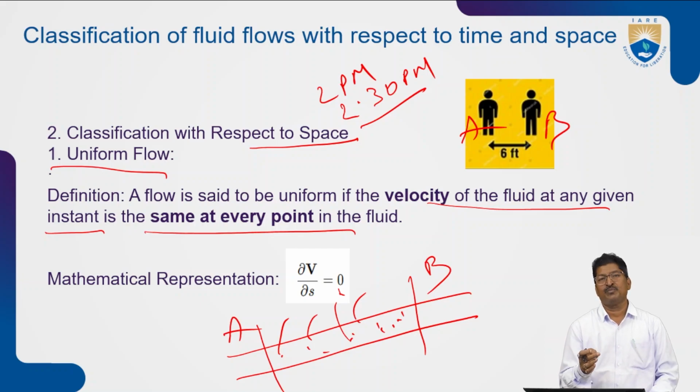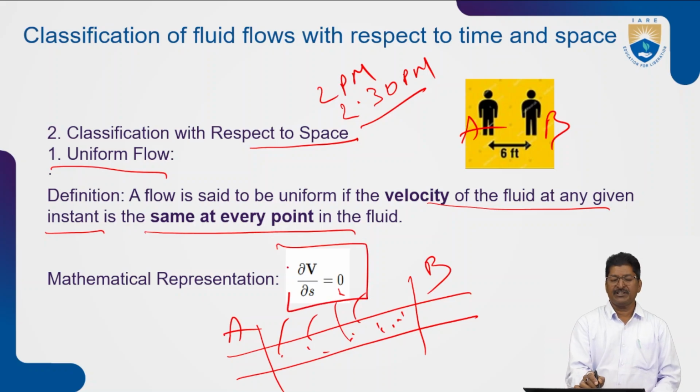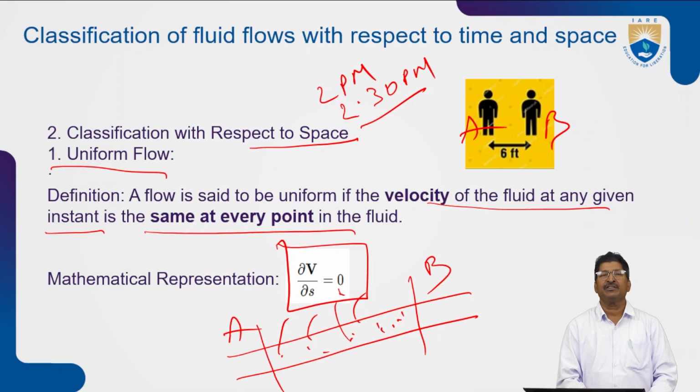So at a particular point of time, if you measure anywhere between A and B and it maintains the same velocity, that is uniform flow. The mathematical representation is ∂V/∂s equal to 0, with respect to space. Anywhere you measure, the velocity should be the same.